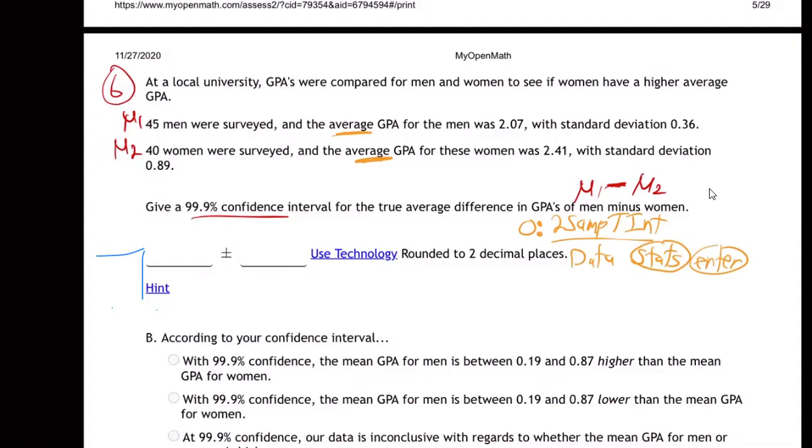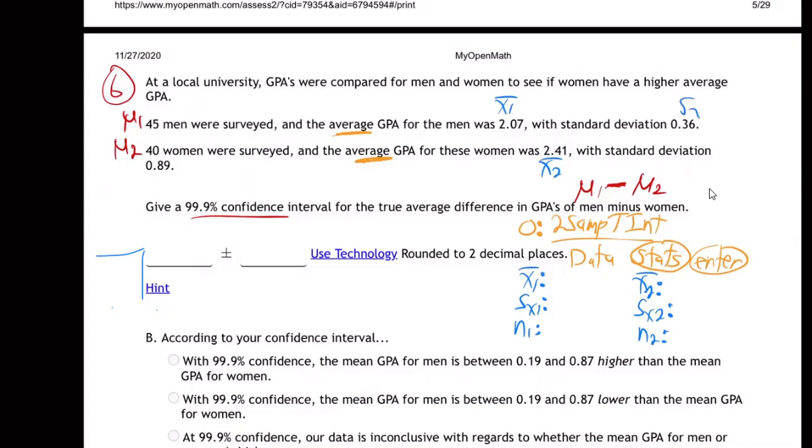And then it gives you the stuff. It says, okay, what's x1 bar, and s sub x1 and n1, and then it asks you for x2 bar and s sub x2 and n2. So that's all these numbers, right? This is x1 bar here. This is x2 bar.